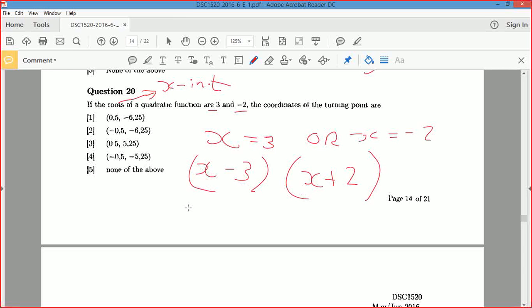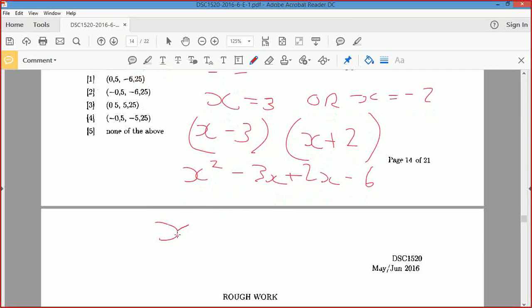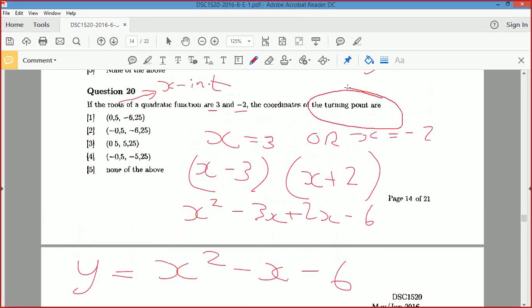Right, so if I multiply that out, I get x squared minus 3x plus 2x minus 6. That gives me x squared minus x minus 6. Do you agree? Yes. So that's the function. What did they want me to work out? The turning point of the quadratic function.